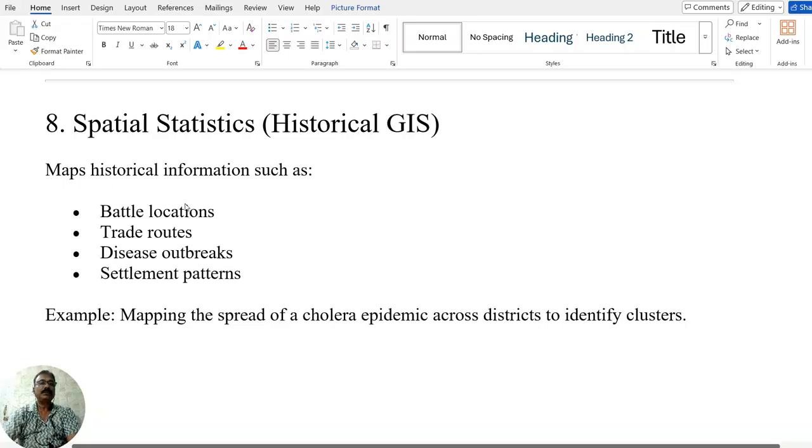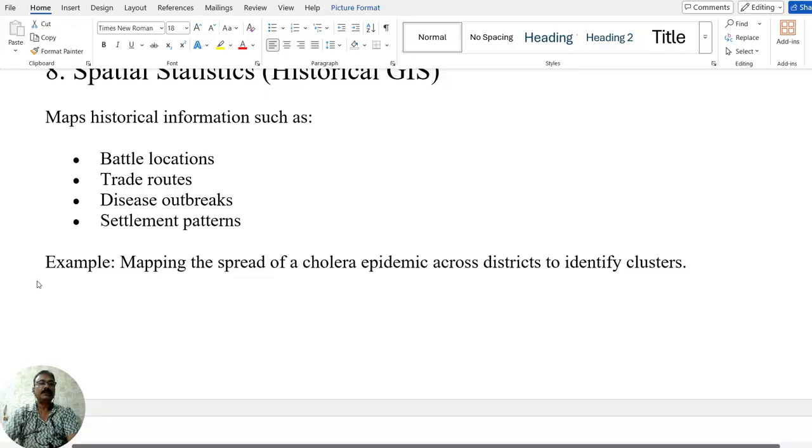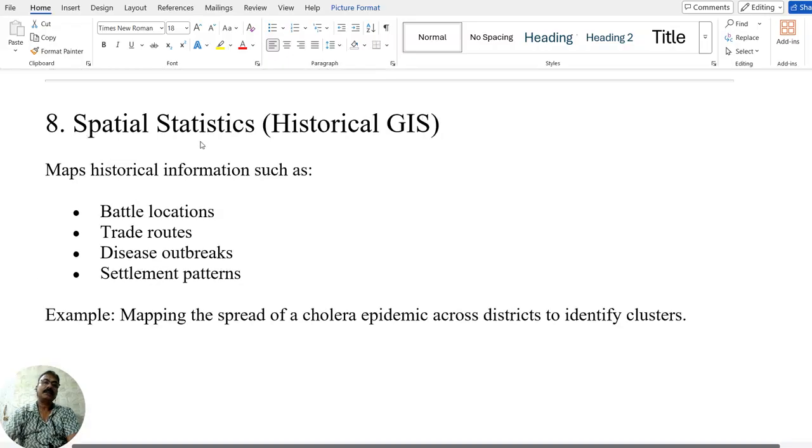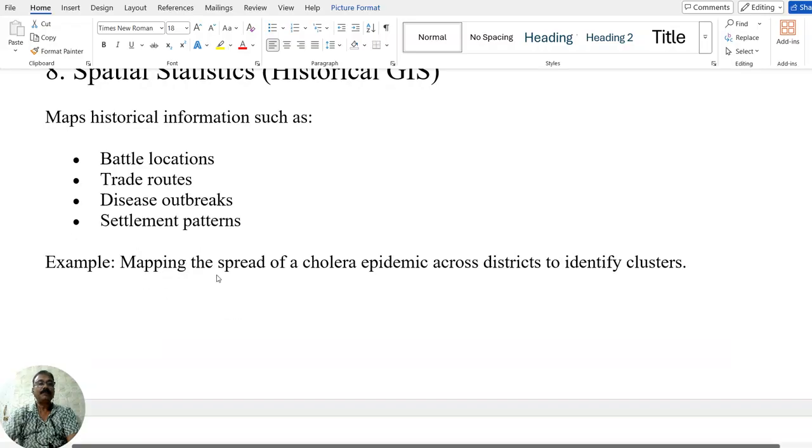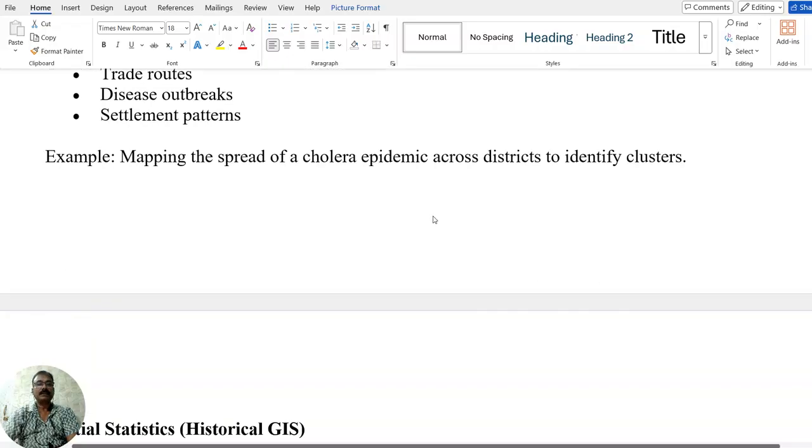It maps historical information such as battle locations, trade routes, disease outbreaks, settlement patterns. Actually, this is the use of spatial statistics from the historical perspective: a historian or a researcher of history can use spatial statistics for analyzing this information, such as battle location, trade routes, disease outbreaks, settlement patterns, etc. For example, mapping the spread of a cholera epidemic across districts to identify clusters.